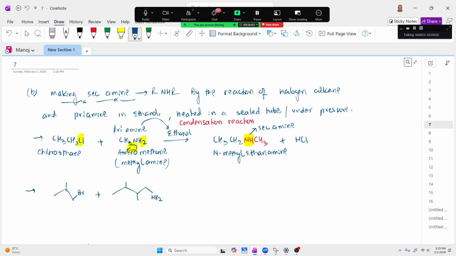Okay, could you name these compounds, please? What is the name of the first compound?